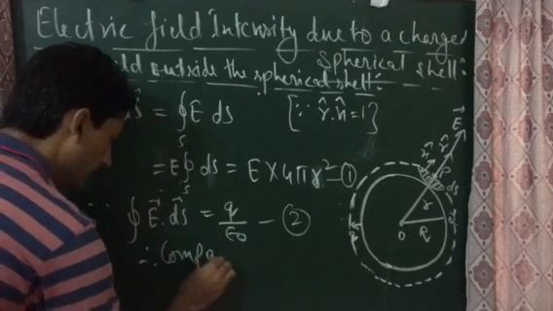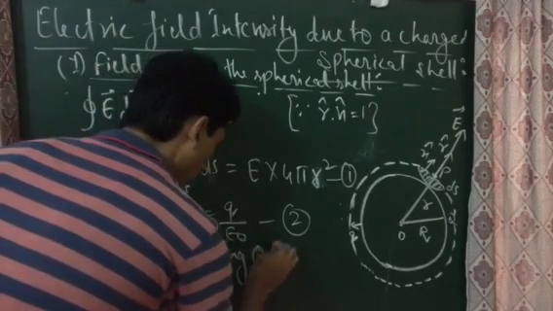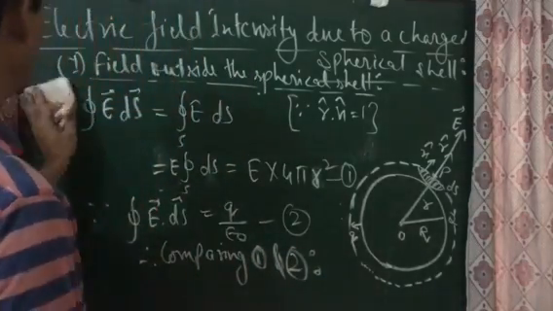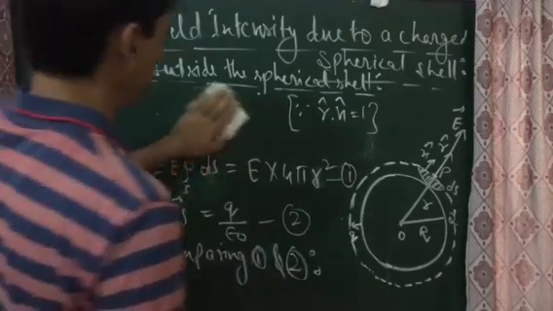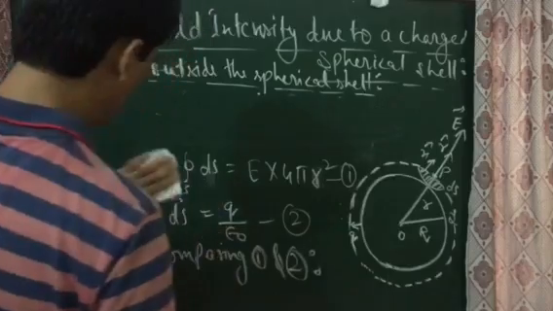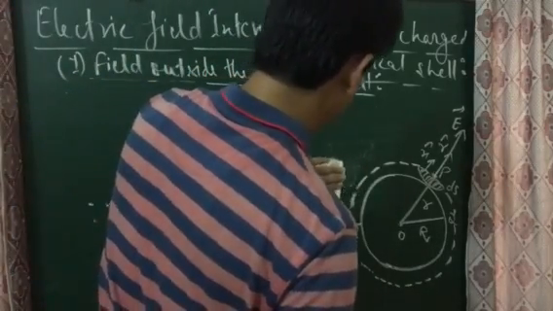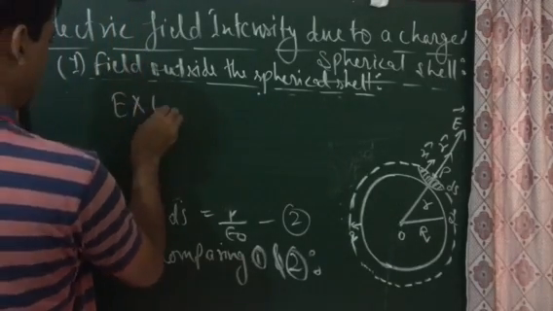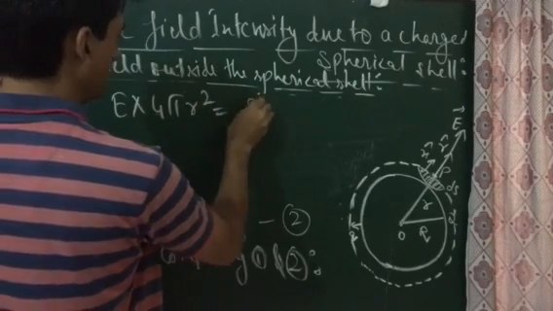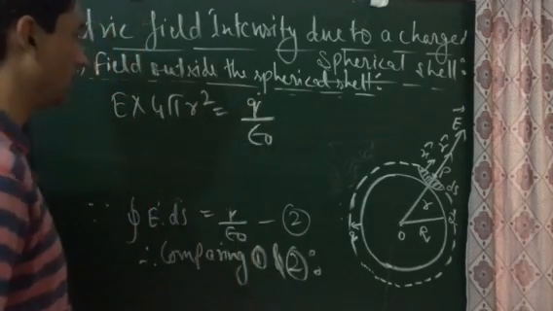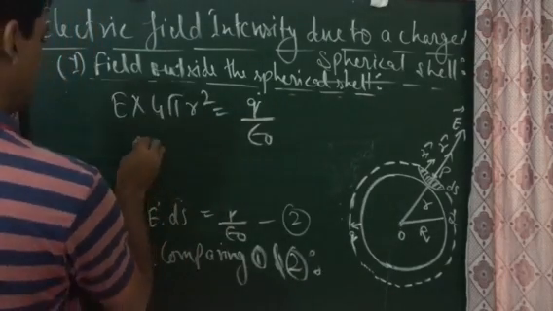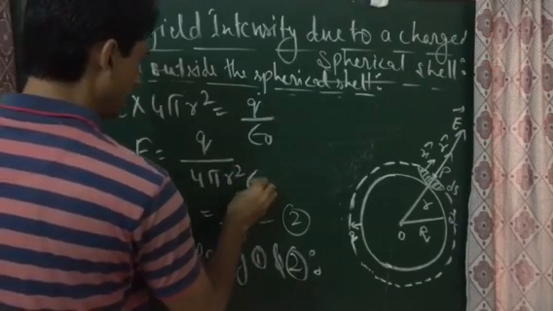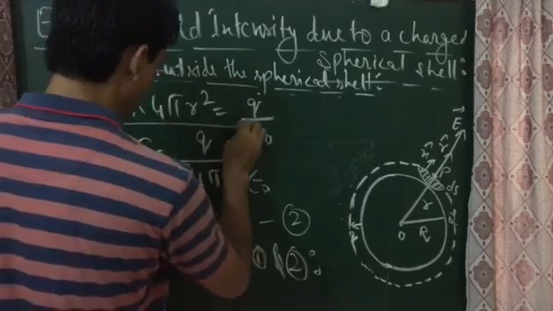Therefore, comparing equations 1 and 2, so 1 और 2 इक्वेशन को जब कंपेयर करेंगे, सो कंपेयर करने के बाद you will get E into 4 pi r square is equal to Q upon epsilon naught, and E is equal to Q upon 4 pi r square into epsilon naught.